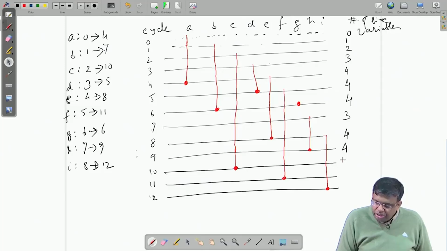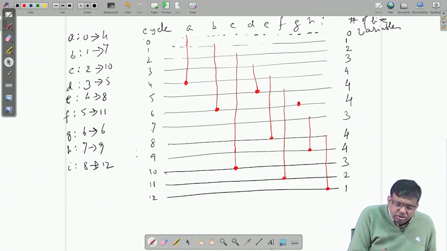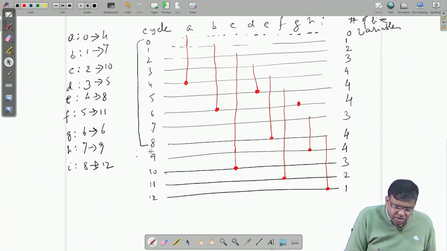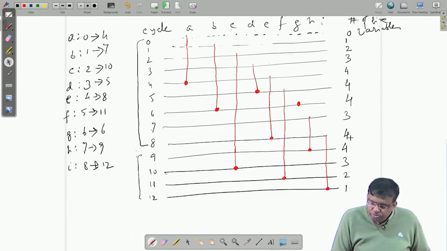1, 2, 3. 1, 2, 1. But period is 9. So, 0 to 8 and then this. So, as I told you, here 4 you have to go back by 9.